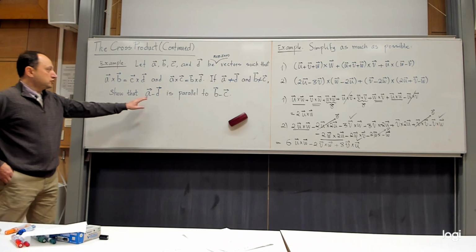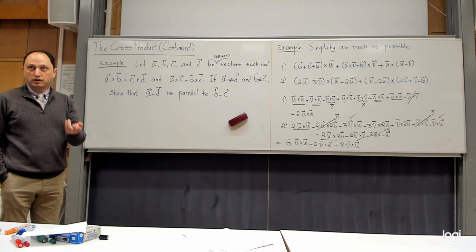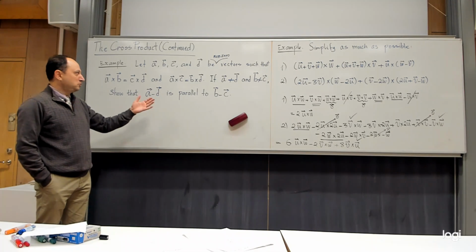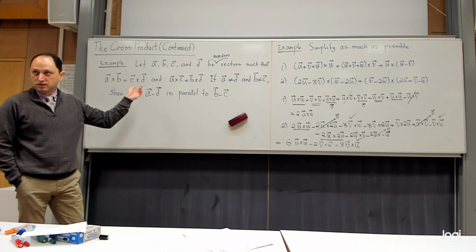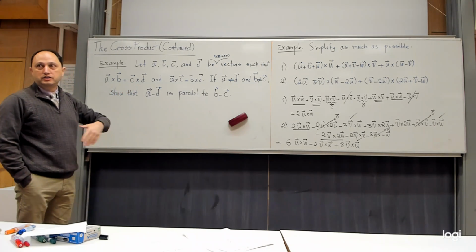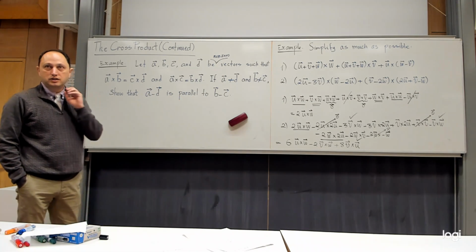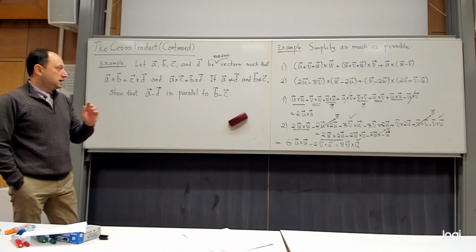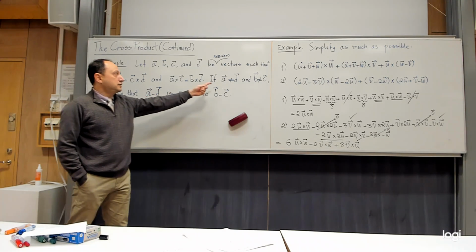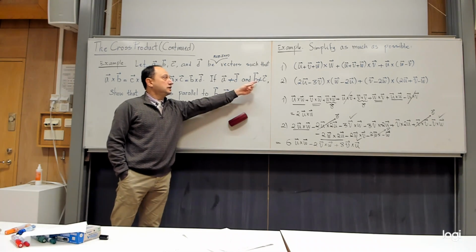My goal is to show that two vectors are parallel. I told you just in the beginning that we have two alternatives. One way is to show that one of them is a multiple of the other one. Probably this doesn't make that much sense in this context because the assumptions are about cross products. But there is another alternative: to show that the cross product of these two vectors is the zero vector. I know that this vector is not zero, it is guaranteed by this assumption, and this vector is not zero, it's guaranteed by this assumption.